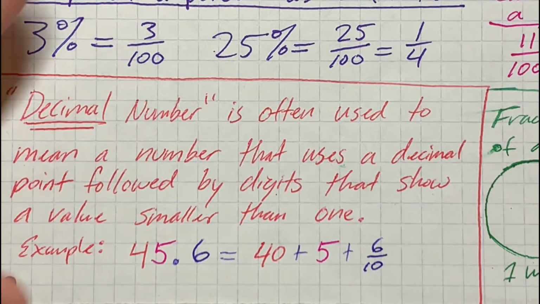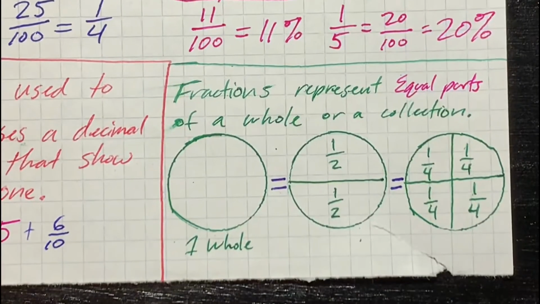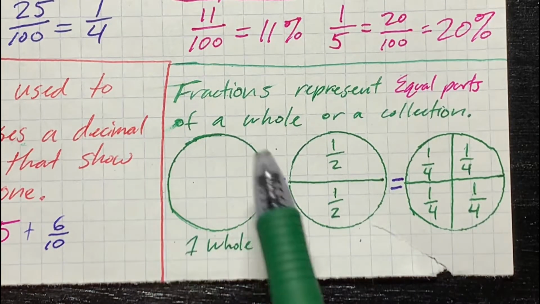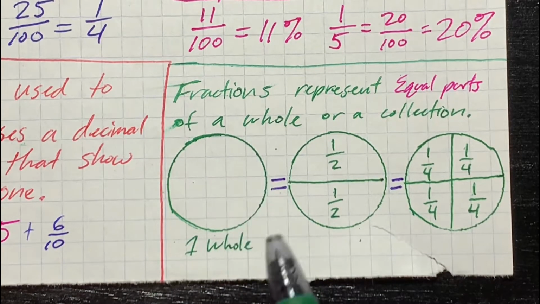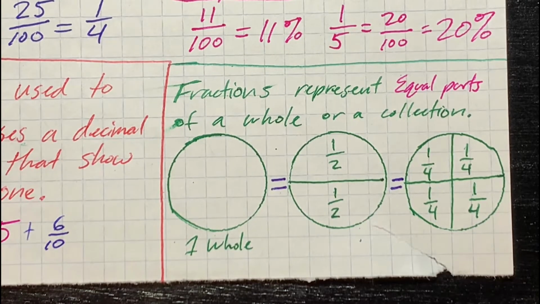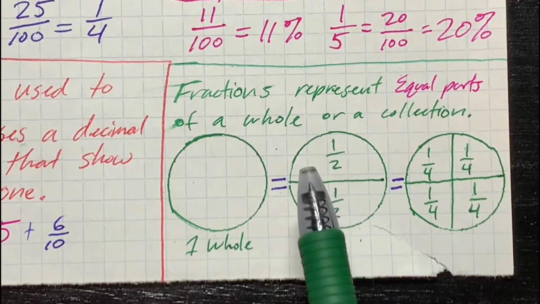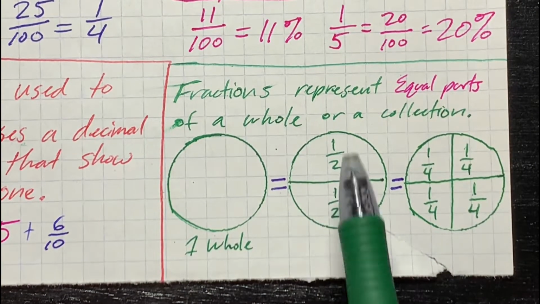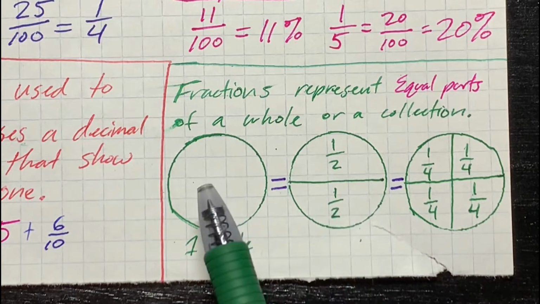Now a fraction, okay, a fraction is represented by equal parts of a whole or a collection. So if we have one whole, think of a pizza. You go to the pizza place and you order a large pizza and you have one whole pizza. Now if you split that pizza in half, you have 2 halves of that one whole.